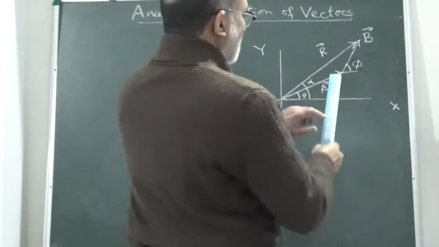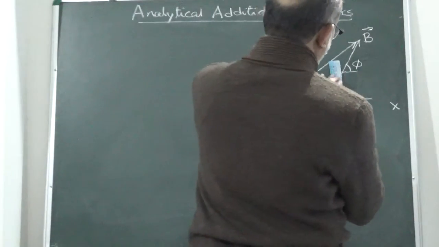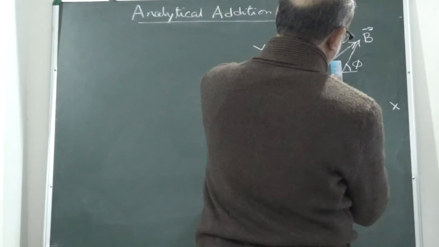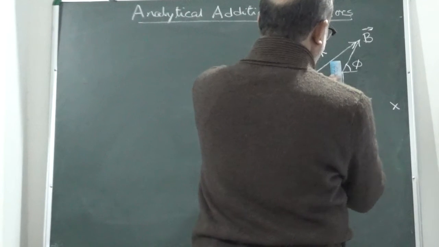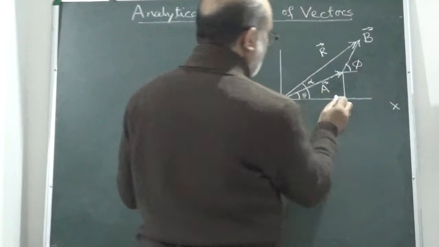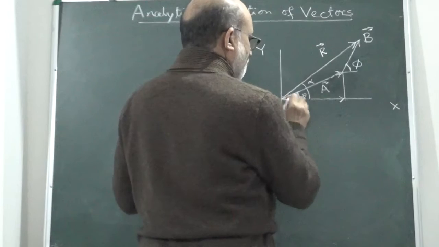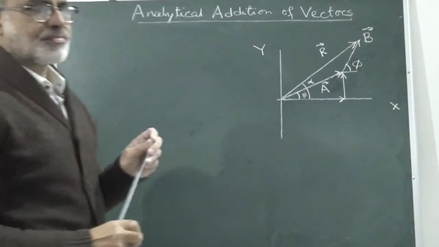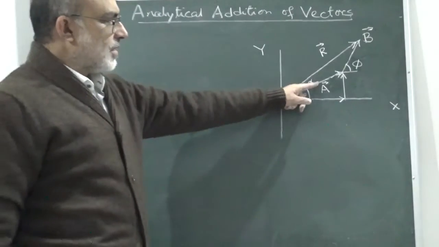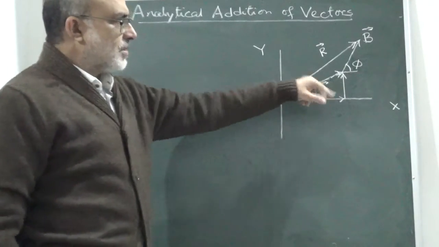So for the x component of the vector A, draw a perpendicular from the tip of the vector A onto the x-axis. So this gives you the x component of A, and this gives you the y component of A. I resolve this vector A into its two rectangular components.